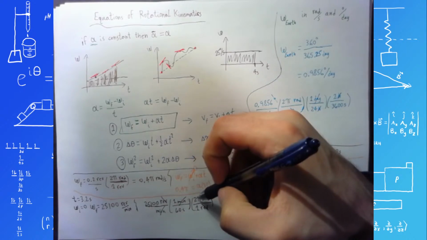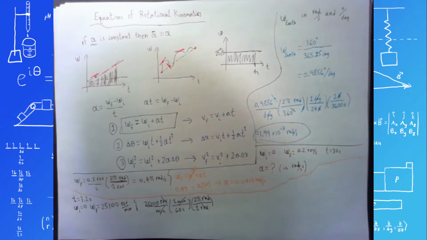25,100 times 1 times 2 pi over 60. So I'm going to go ahead and do 25,100 times 2 over 60 and hope that's a nice number. Actually, it won't be. 25,100 times 2 over 60 is 836 point repeating sixes.